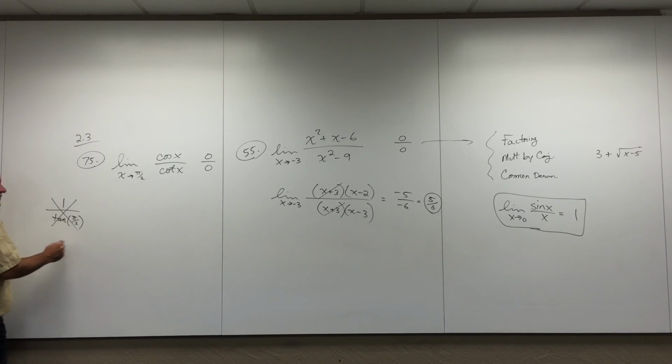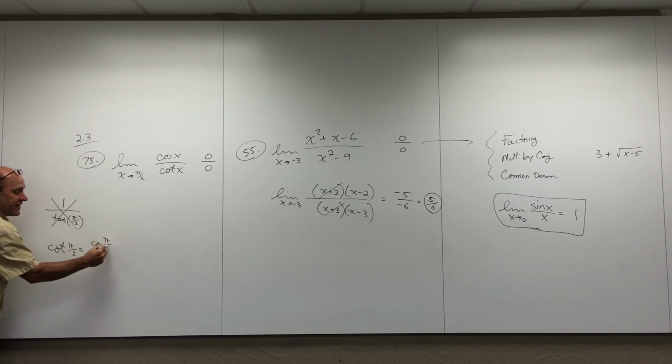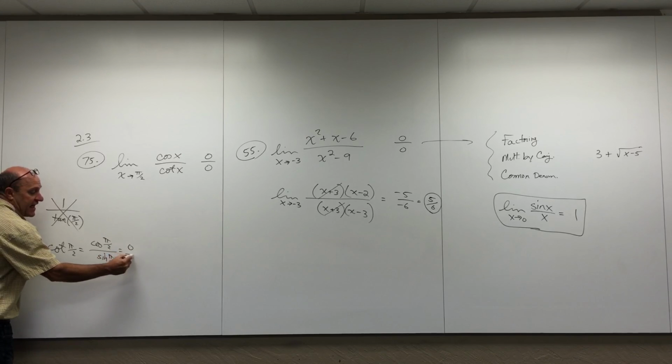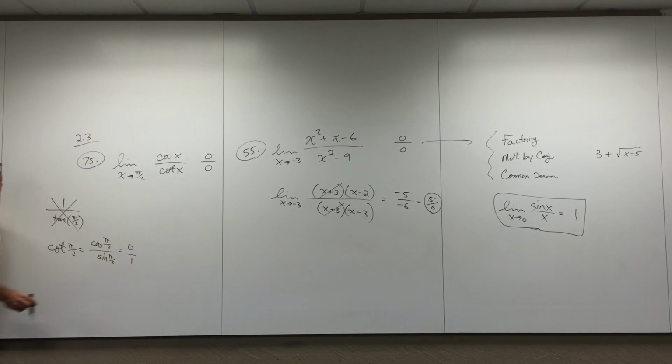What about this? Did you know that cotangent is cosine over sine? So it's cosine of pi over 2 over sine of pi over 2. This helps, because the cosine is a 0 and the sine is a 1. 0 over 1 is not weird or undefined. 0 over 1 is 0. So maybe that helped convince me, but I was struggling with that.